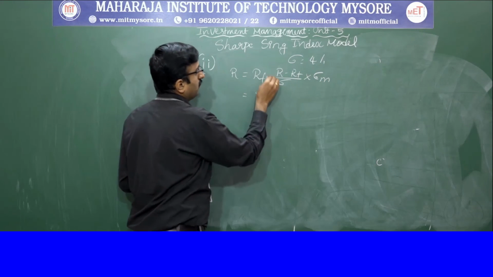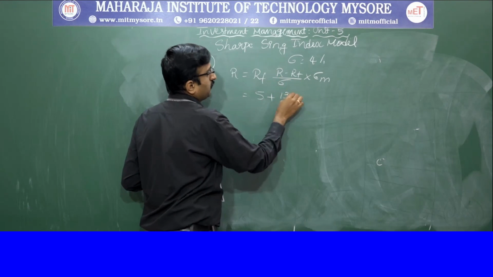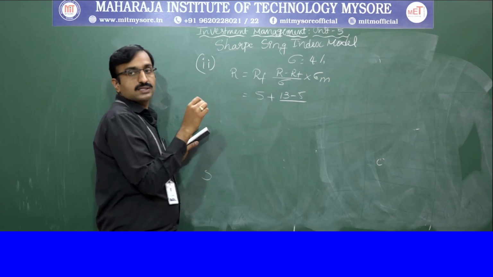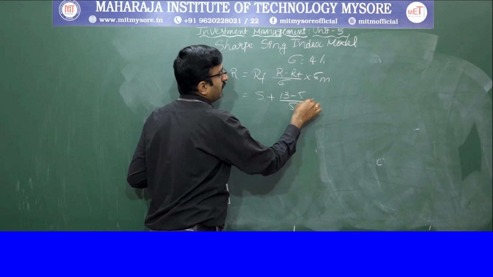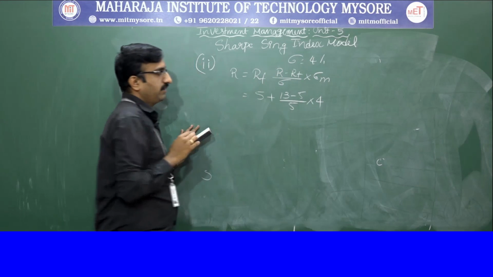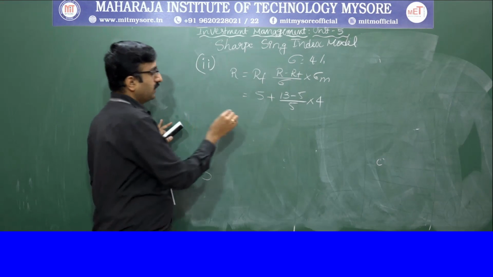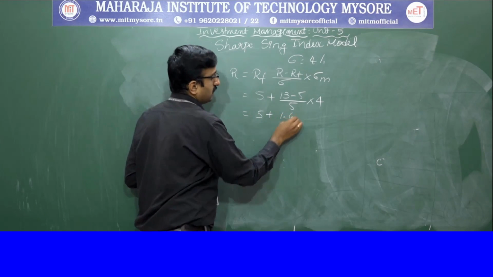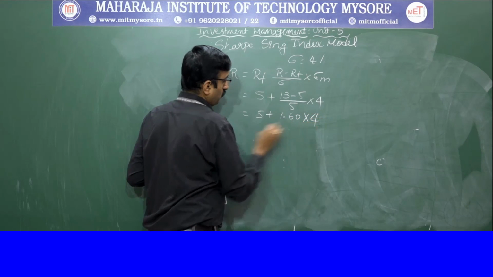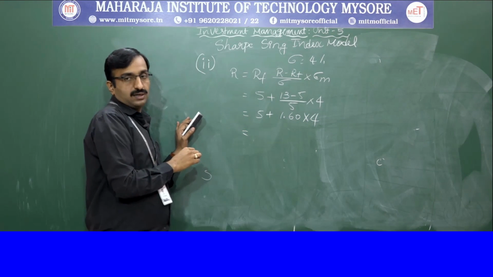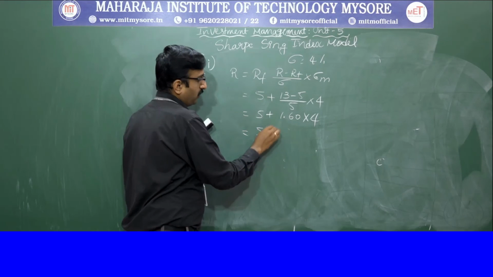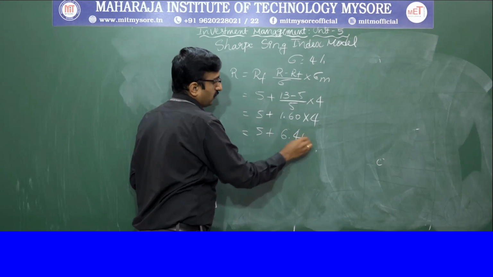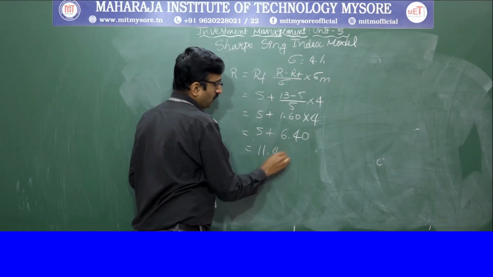RF is 5 only, plus the best portfolio: 13 minus 5 divided by 5, into the change in standard deviation, which is 4%. Take that 5 plus what you got before, 1.60, into 4. If you do this, 5 plus 4 into 1.60, you will get 6.40. So you will get 11.40.